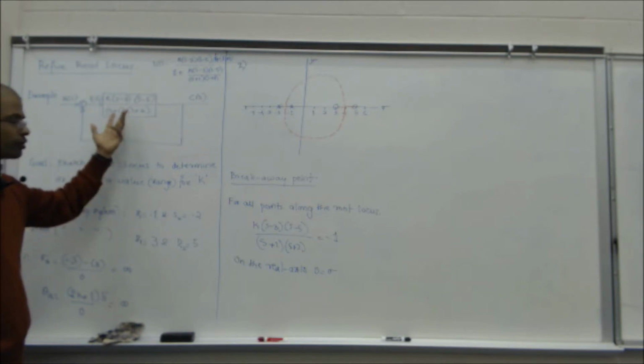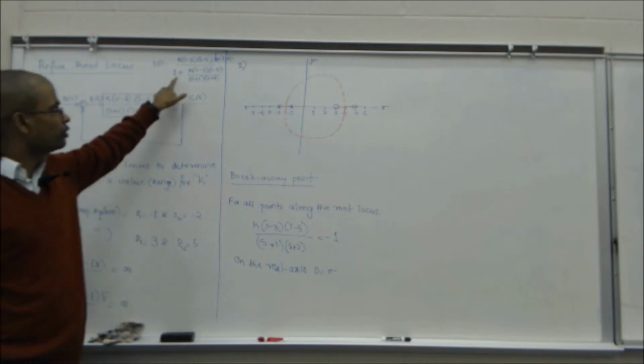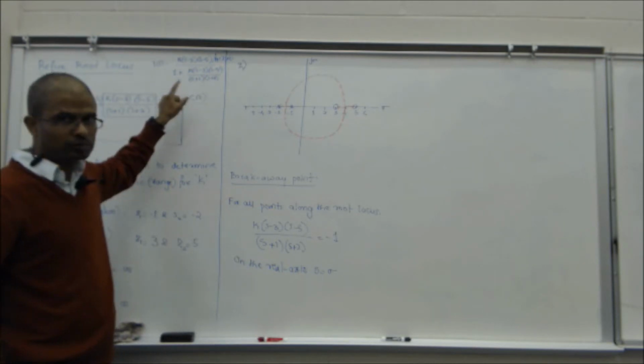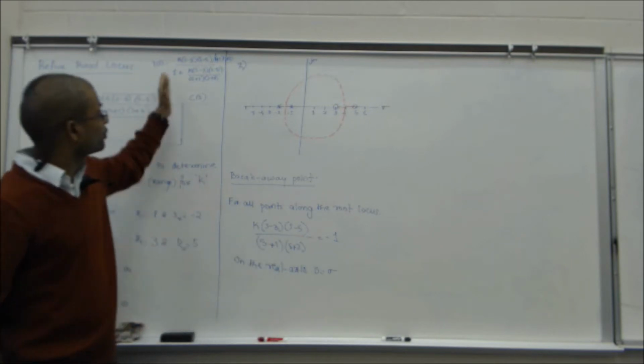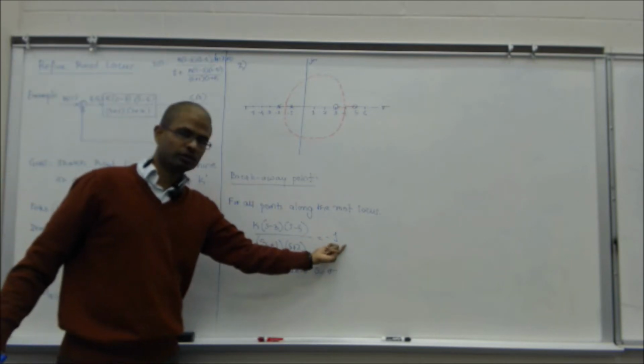You equate this to 0. Similarly, you equate the denominator to 0. If you equate this denominator to 0 and move 1 to the other side, you get this.